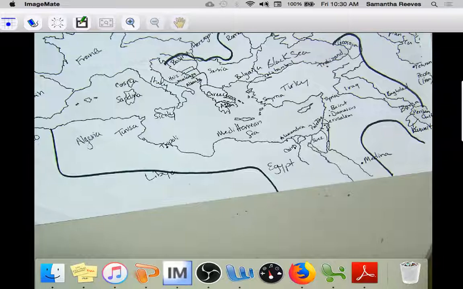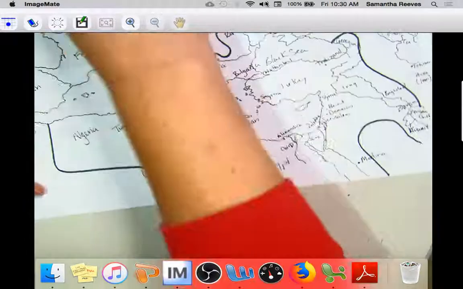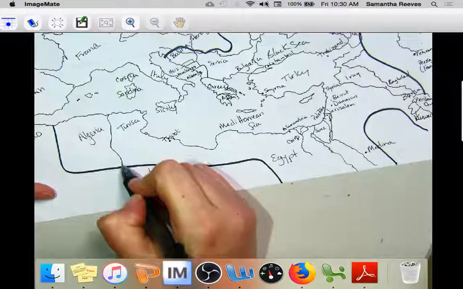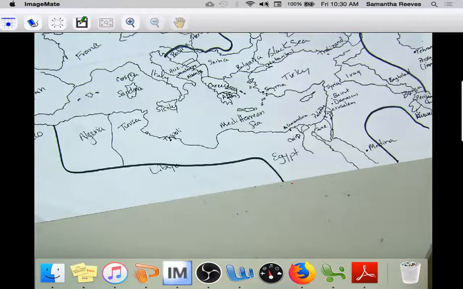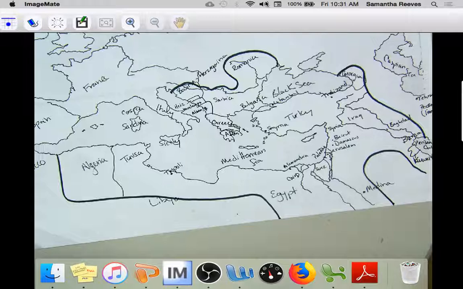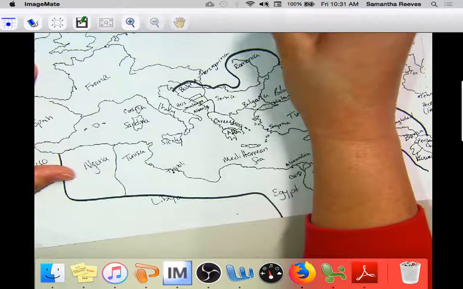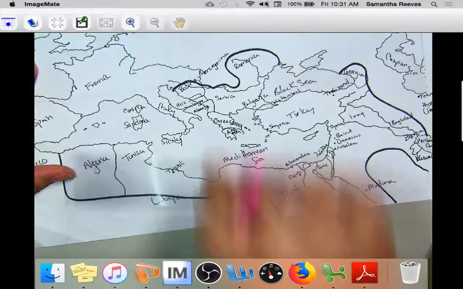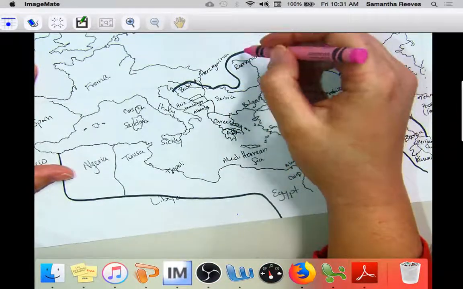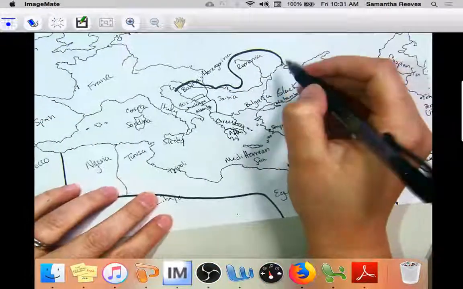Large. Very large. Alright, so now that we have a new border, we're just going to draw an Algeria line. Okay, so for territory lost in 1800 to 1877, I'm going to use pink. Okay, this is territory they're going to lose during the... Oh, we have another line we've got to draw in now that we have this line.